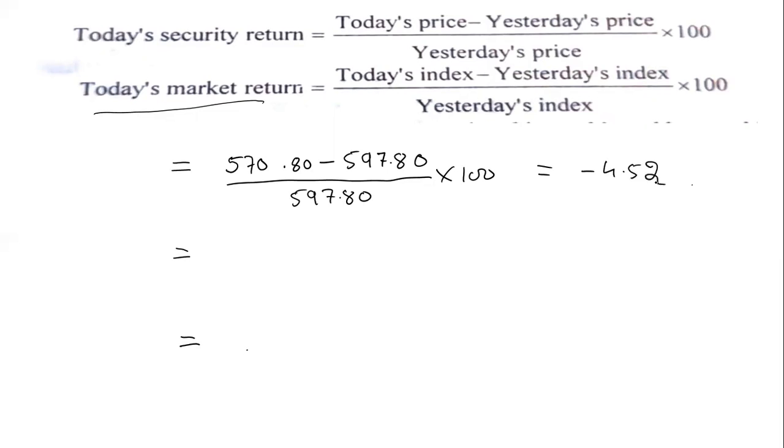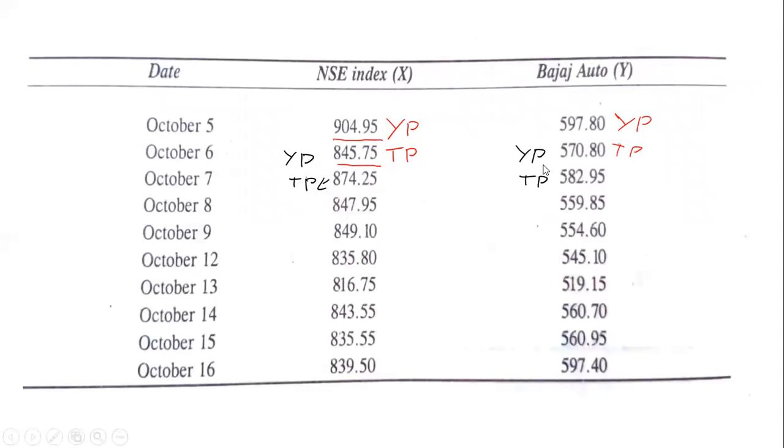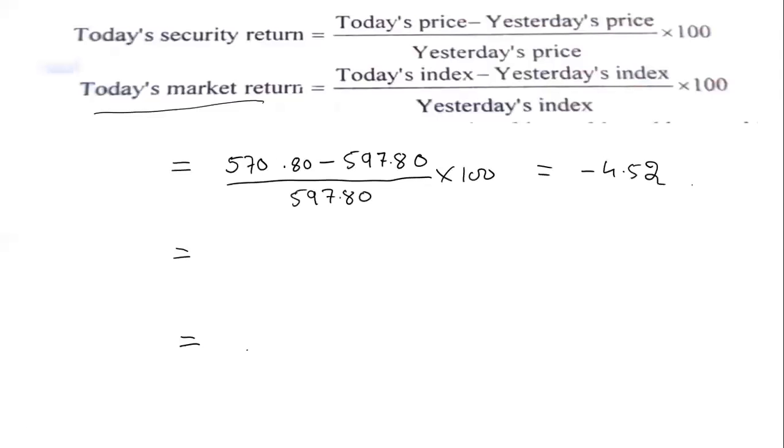We will get the value minus 4.52. Now again moving here, October 7 will become today's price and October 6 will become yesterday's price.